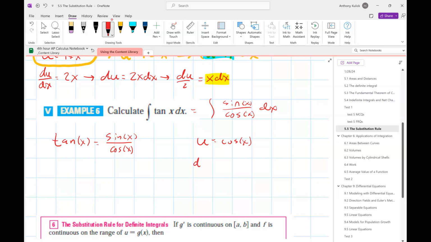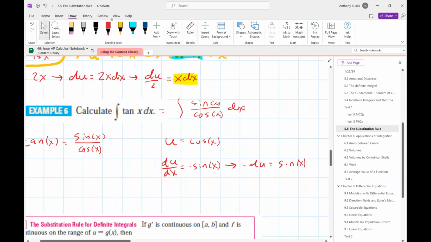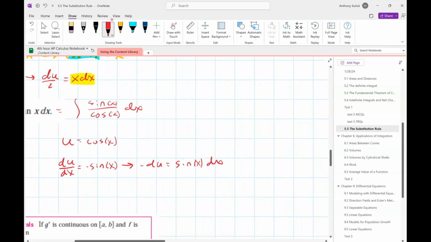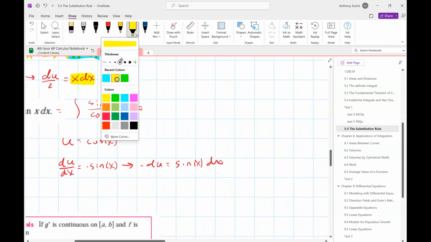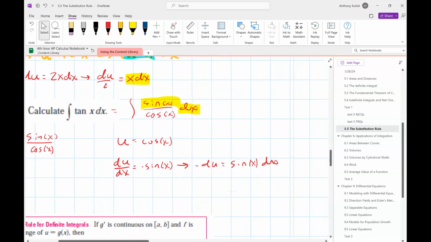What do I get when I do the derivative? Negative sign. So I should have negative du is equal to sine dx, right? Notice that I have that right there.